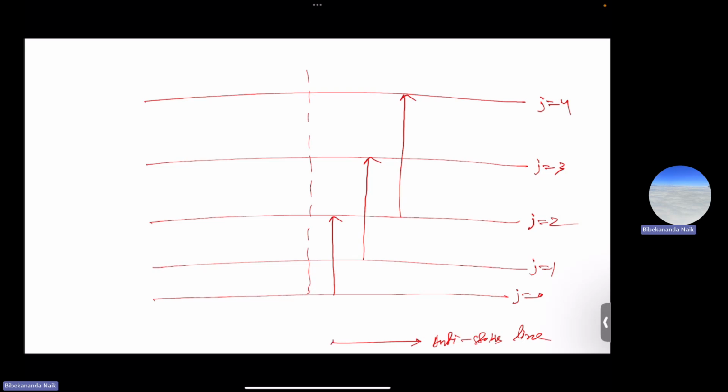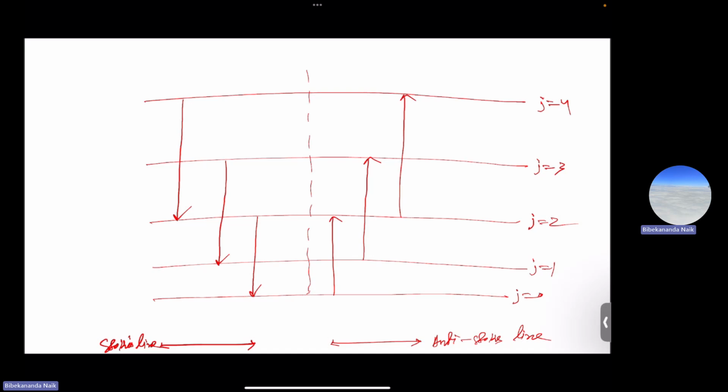And when the transition occurs from J2 to J0, J3 to J1, or J4 to J2, these are called Stokes lines.